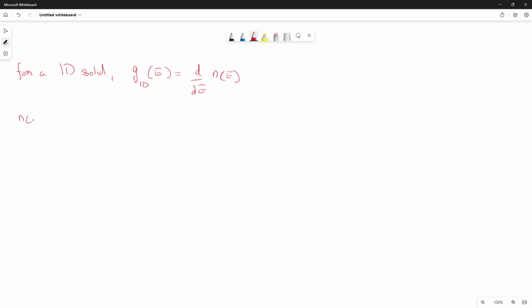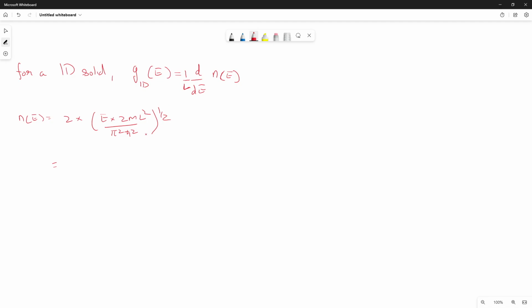So what is N of E? N of E is equal to 2 into E into 2mL squared by pi squared h bar squared, whole power half. Now there are a lot of square terms here. Let us pull all of that out. There is also one more thing. It is actually not just d by dE, it is 1 by L into d by dE.